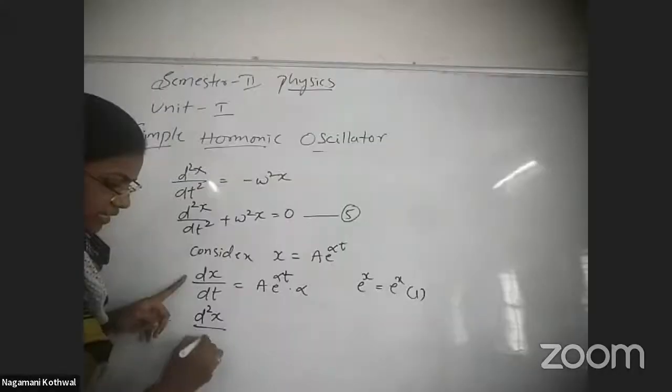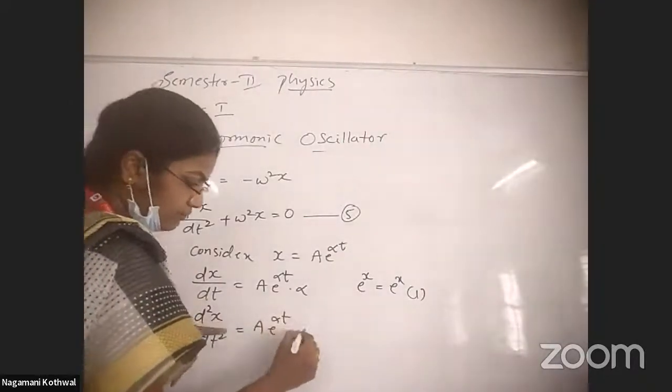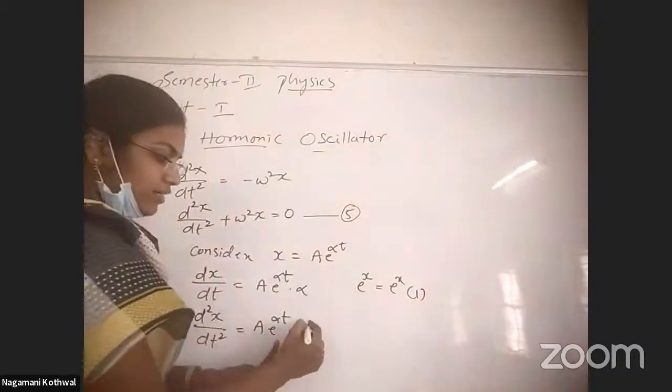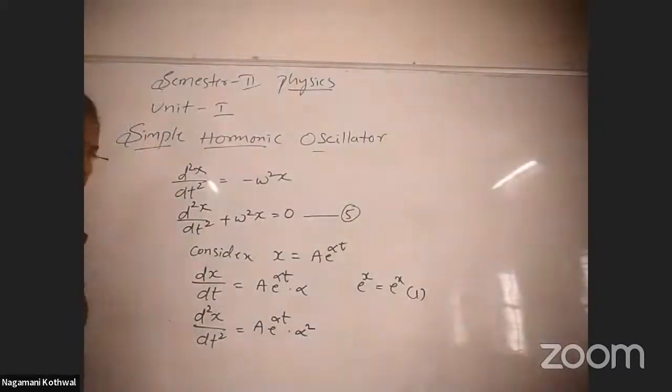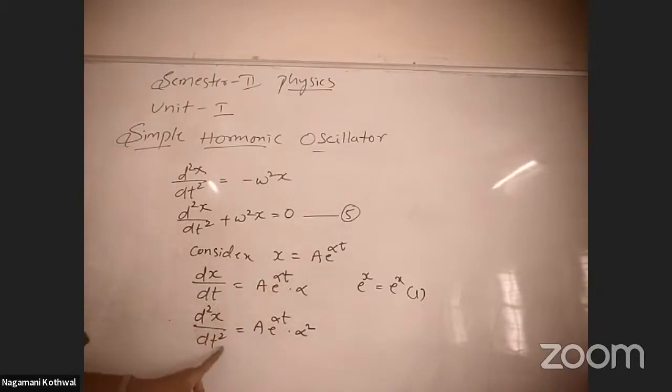Now, do the same: d square x by dt square is equal to a e raised to alpha t into alpha. Again, differentiating with respect to t, you will get one more alpha: alpha into alpha, alpha square. Now you have the x and d square x by dt square terms.